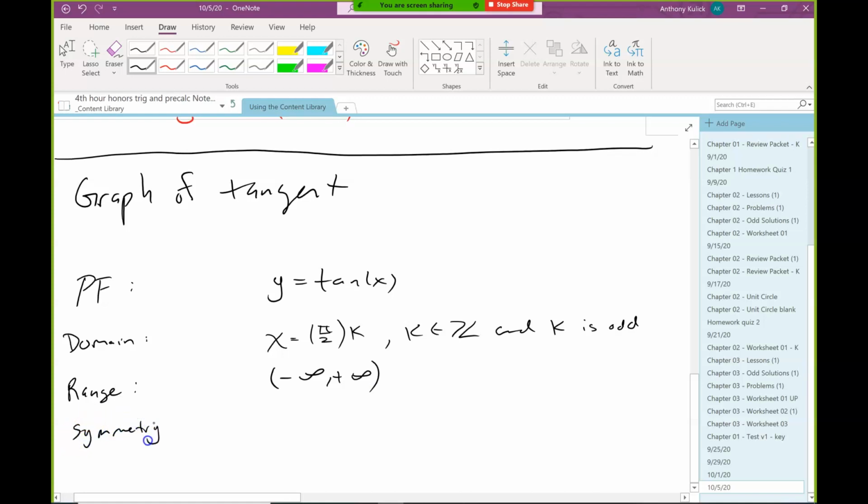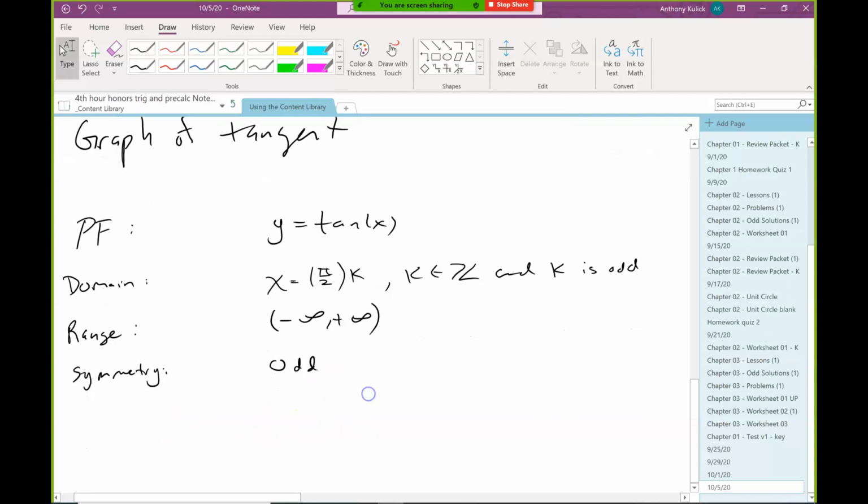The symmetry is odd. That means it's symmetric with respect to the origin.